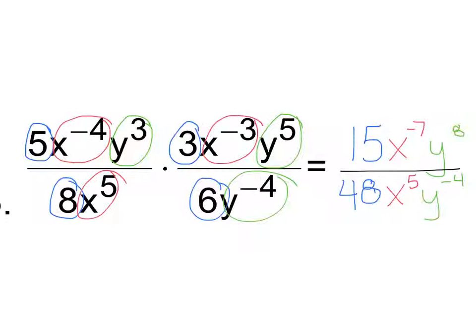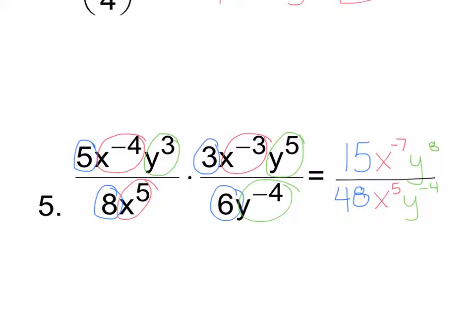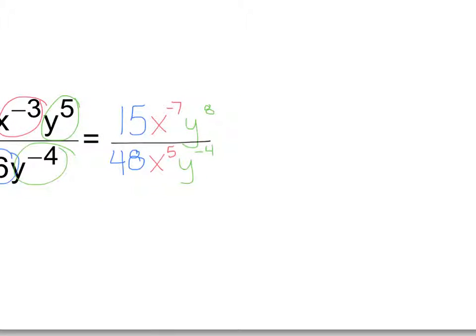Okay, so I've condensed it down to some, but we need to keep going. So 15 and 48, a 3 can come out of both of those. So that becomes 5 over 16.